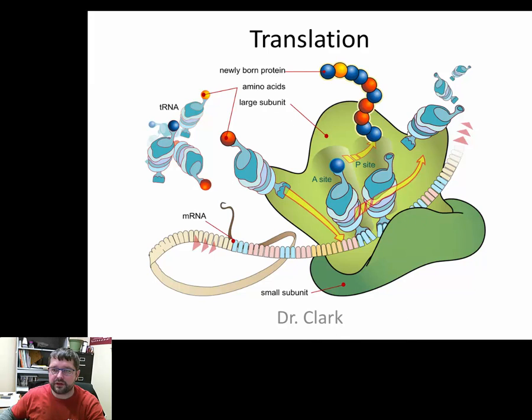In eukaryotes, there's an E site, which is known as the exit site. Okay? All right, so we're going to examine this in much greater detail as we progress through translation. But I just wanted to show you the diagram and walk you through it.